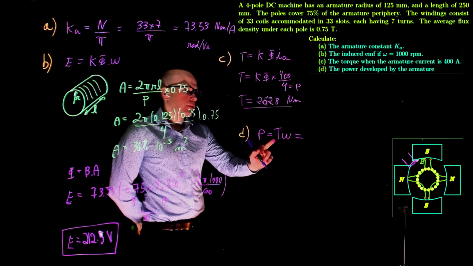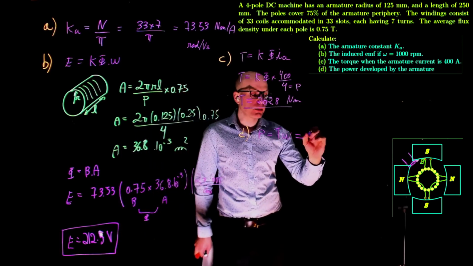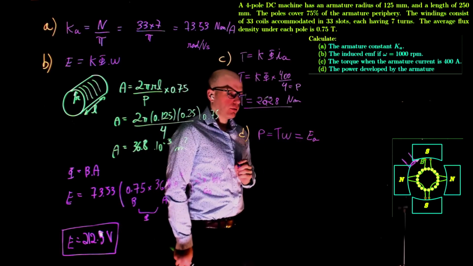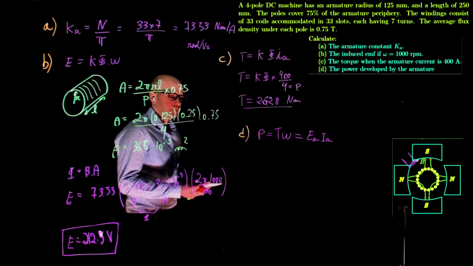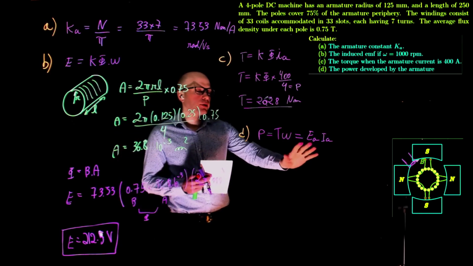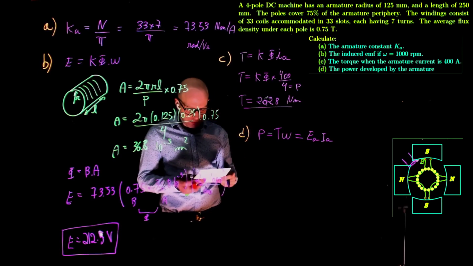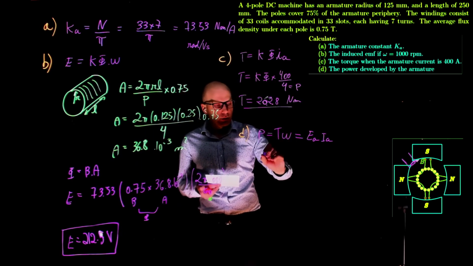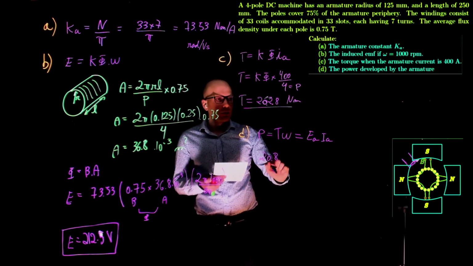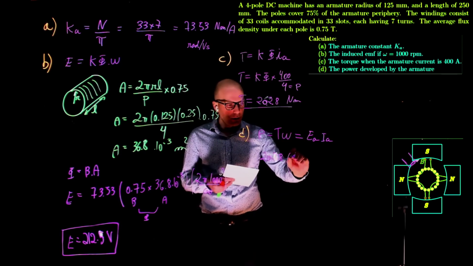So now let's move on to the power. The mechanical power is equal to the electrical power, the armature voltage, the back EMF, and the armature current. So these are equivalent. If the conservation of energy holds, we can use either. Let's do the mechanical. The mechanical power would be the torque, 202.8, times the speed, 2 pi times 1000 divided by 60.